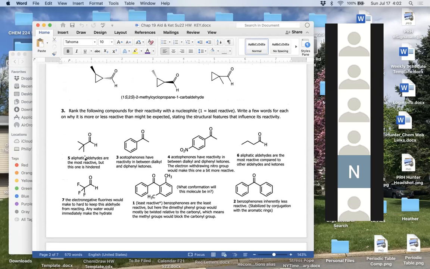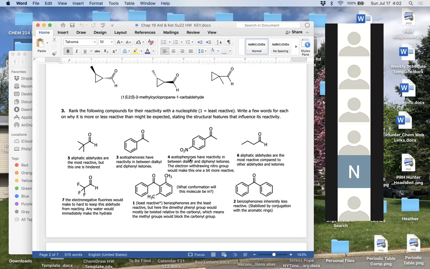That was where I was a little confused. Well, this is homework. I can be meaner on a homework than I can on an exam, so there are some more difficult comparisons here. I originally thought it would be the opposite, so the nitroacetophenone would be 5. If you put 4 and 5 on your homework, I'd still give you full credit.